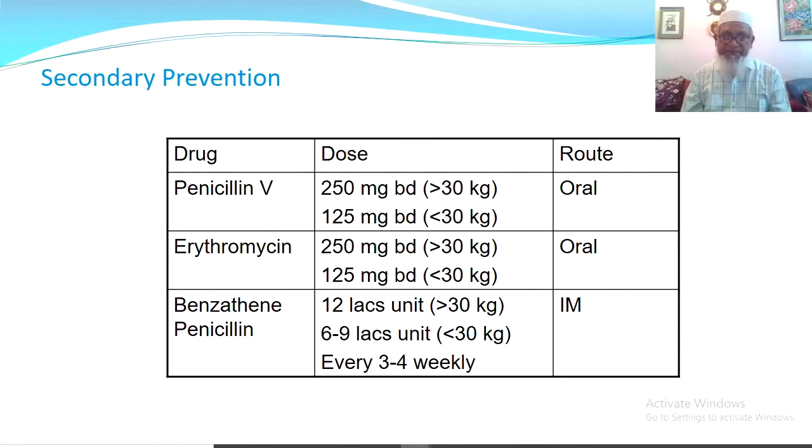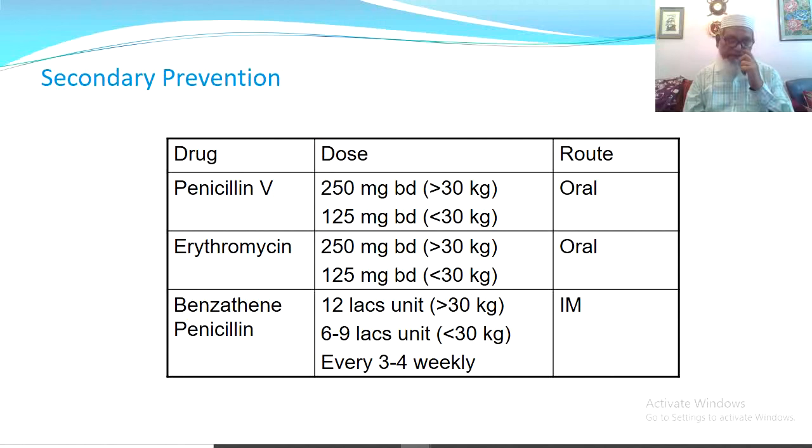The secondary prevention is, once the rheumatic fever occurs, the rheumatic fever, like other autoimmune diseases, has remission and relapse. And rheumatic fever also relapses. To prevent the relapse, the treatment which is given is called secondary prevention or secondary prophylaxis.